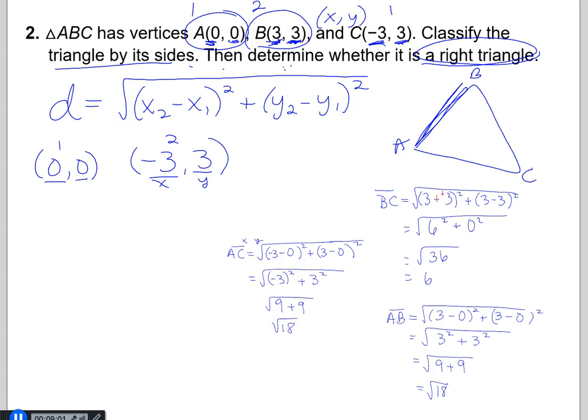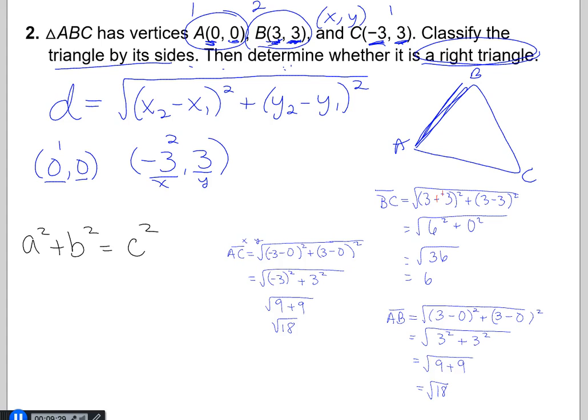And the Pythagorean theorem says a squared plus b squared equals c squared. And since it only works for right triangles, if it works for this triangle, it must be a right triangle. So what we're going to do is plug in our side lengths into this equation and see if it works.